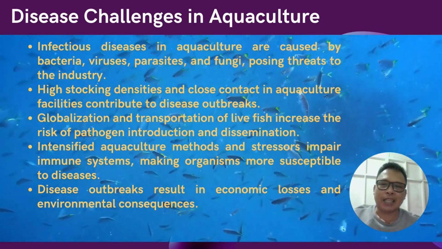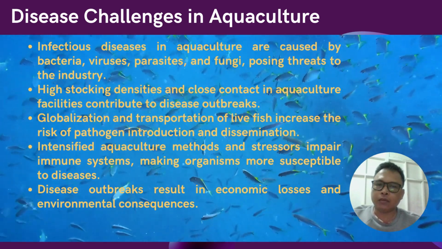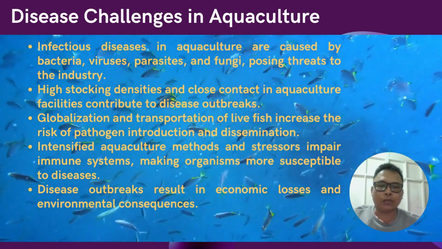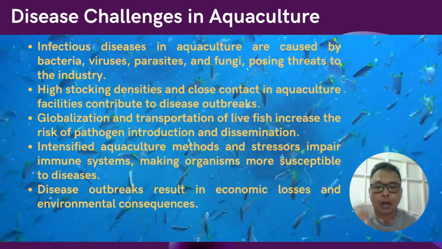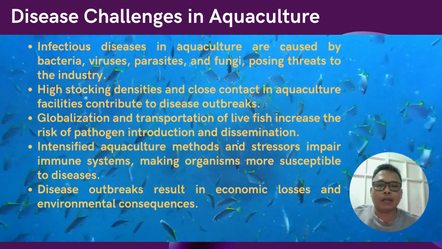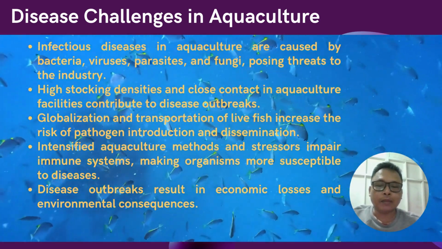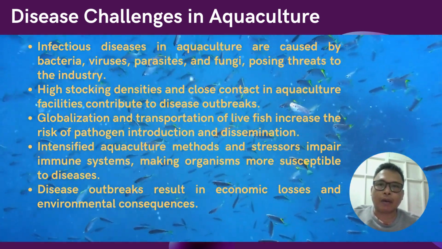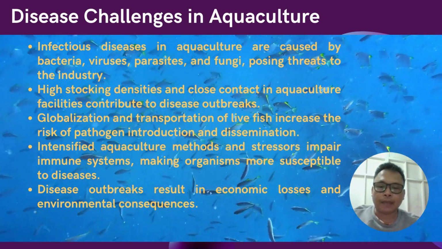Disease challenges in aquaculture. Infectious diseases in aquaculture pose a substantial hazard to the industry's sustainability and output. Aquaculture organisms such as fish, shellfish, and crustaceans are vulnerable to a variety of infectious illnesses caused by bacteria, viruses, parasites, and fungi.